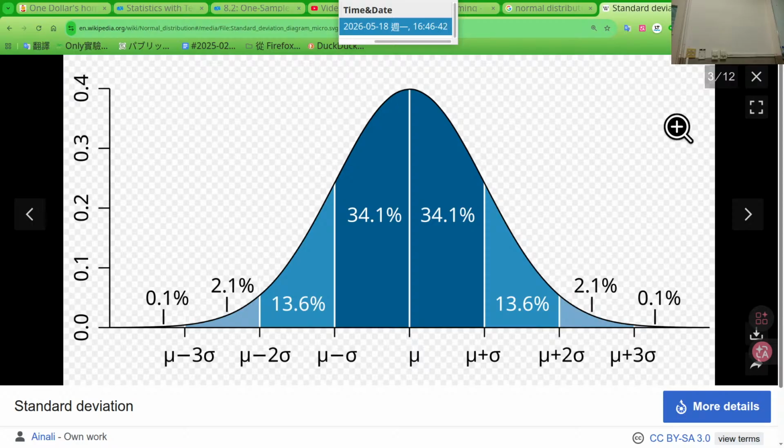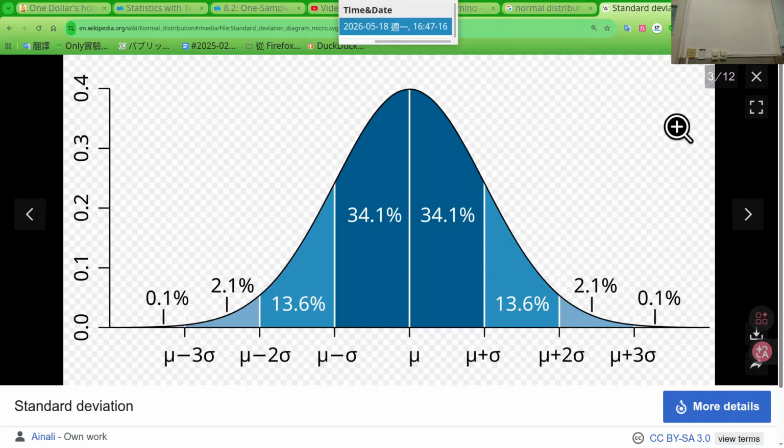We use 95. After the calculation, 95% corresponds to the mean plus and minus 1.96, not 2 standard deviations. Is that okay? It is a little bit closer to the center line, on the left side of here.